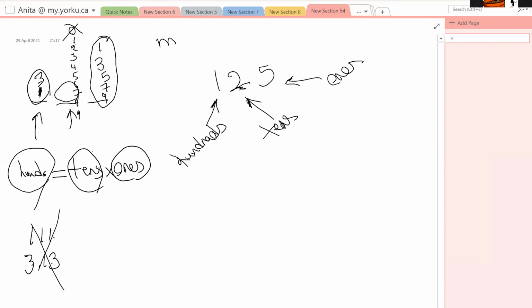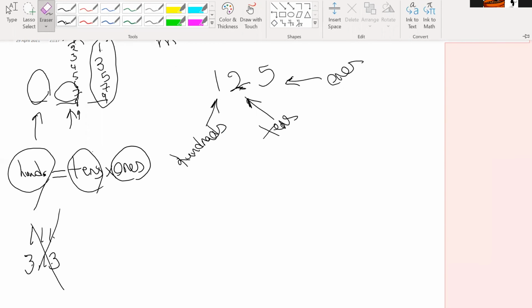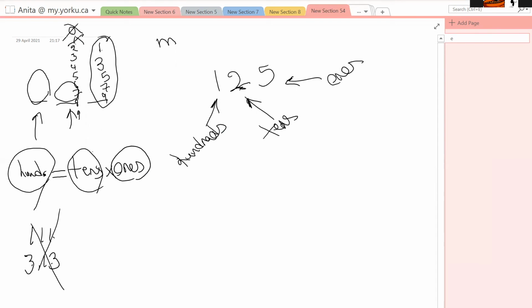We just found it's not possible, because any number times 1 becomes that number. So if tens is 1, then tens times ones is going to be the same as ones, so the hundreds is the same as ones.